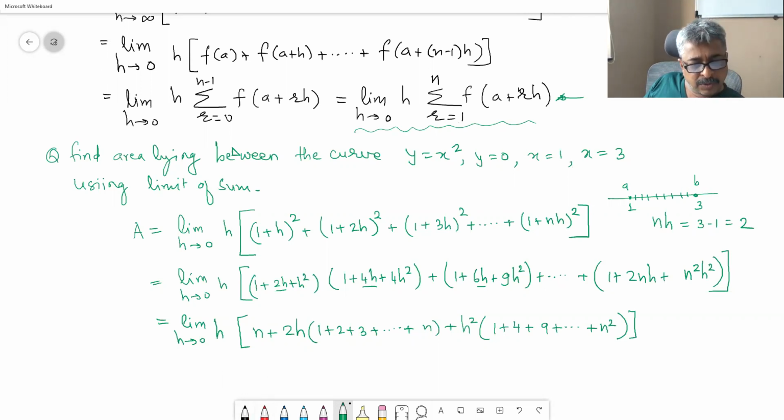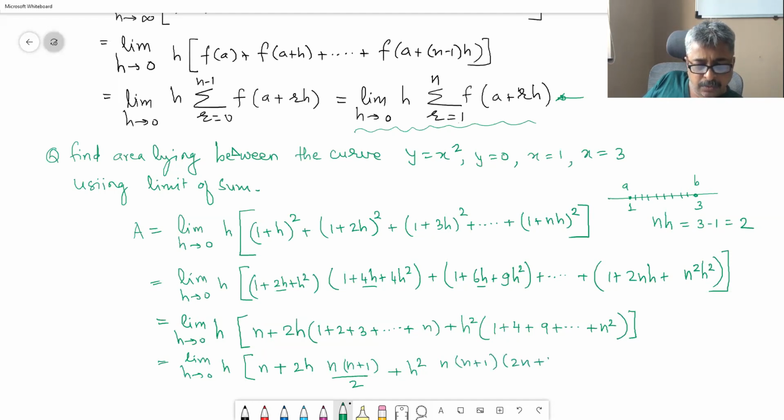Okay, now this is equal to limit h tends to 0, h inside bracket n plus 2h times the sum of n natural numbers, n into n plus 1 upon 2, plus h square times the sum of squares of n natural numbers, n into n plus 1 into 2n plus 1 upon 6. Is that right?